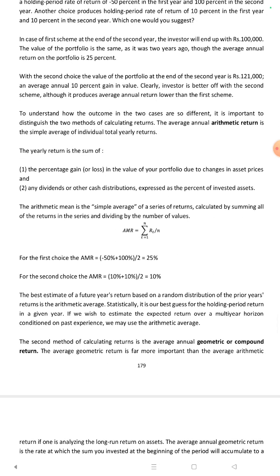The yearly return is the sum of the percentage gain or loss in value of the portfolio due to change in asset prices, and any dividend or other cash distribution expressed as a percentage of invested assets. The arithmetic mean is the simple average of a series of returns, calculated by summing all of the returns in the series and dividing by the number of values.